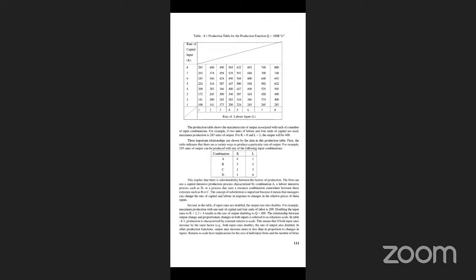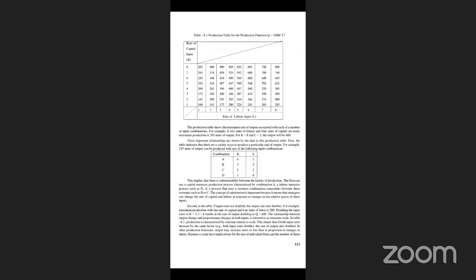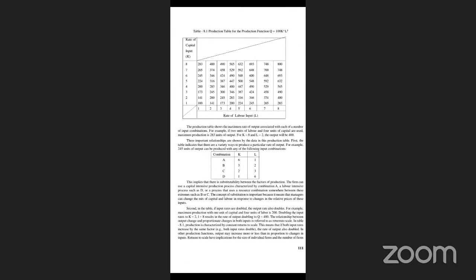If you look at the example here, the given rate of capital K is shown as 1 to 8, and the rate of labor L is shown as 1 to 8. In this case, for all the factors of production, if the capital input is 1 and labor is 1, then output is 100. So on and so forth, it is shown for each one.